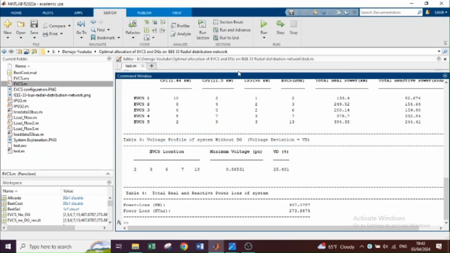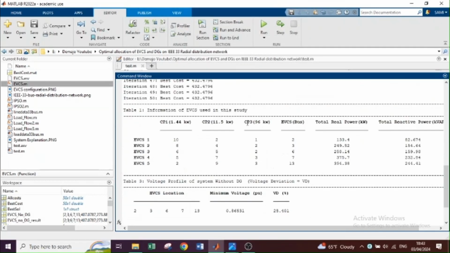When we look at the results, we see that the first table shows the information of EV charging stations used for this study. So we have charging point 1 with 1.44 kilowatt, the second one with 11.5 kilowatt, and the third one with 96 kilowatt.